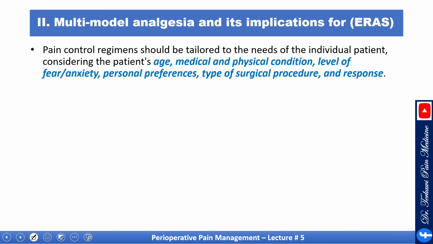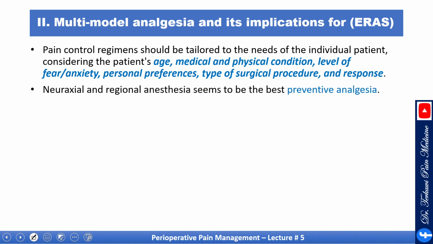So the pain control regimen should be tailored to the need of the individual patient, considering the patient's age, medical and physical condition, level of fear and anxiety, personal preference, type of surgical procedure, and response. Neuroaxial and regional analgesia and anesthesia seem to be the best preventive.